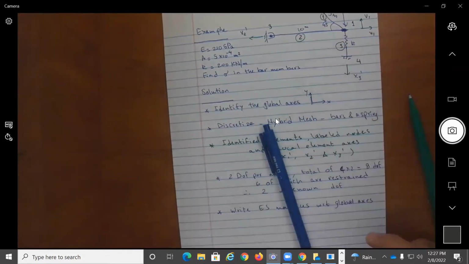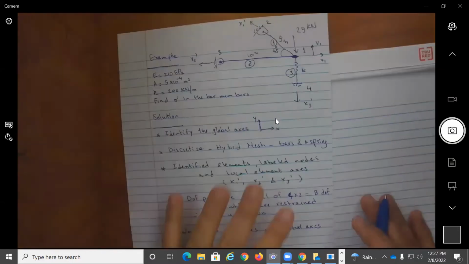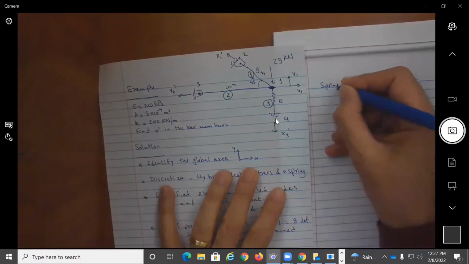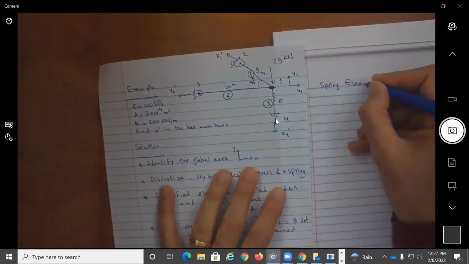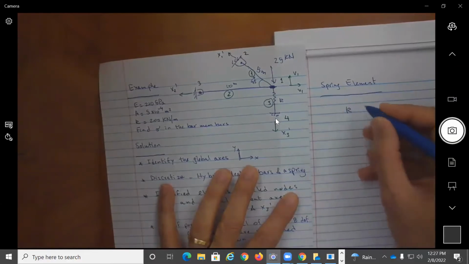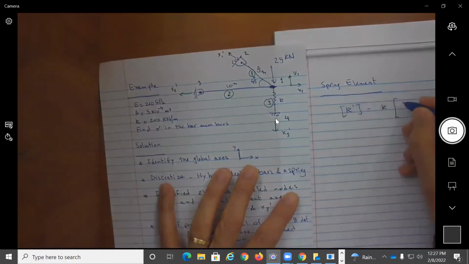As a matter of fact, for the spring, how would we write the one for the spring? Maybe I should pick on this one and write it down. So for the spring element, we are always used to this k equals k prime, and then we have the 1, minus 1, minus 1, and 1.